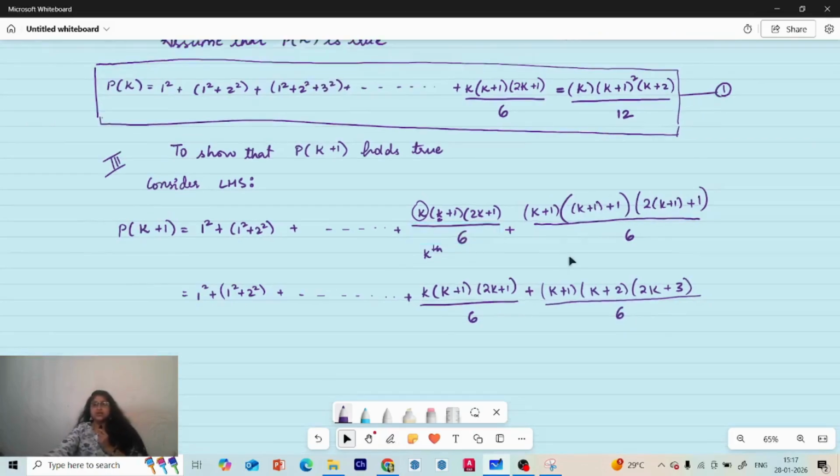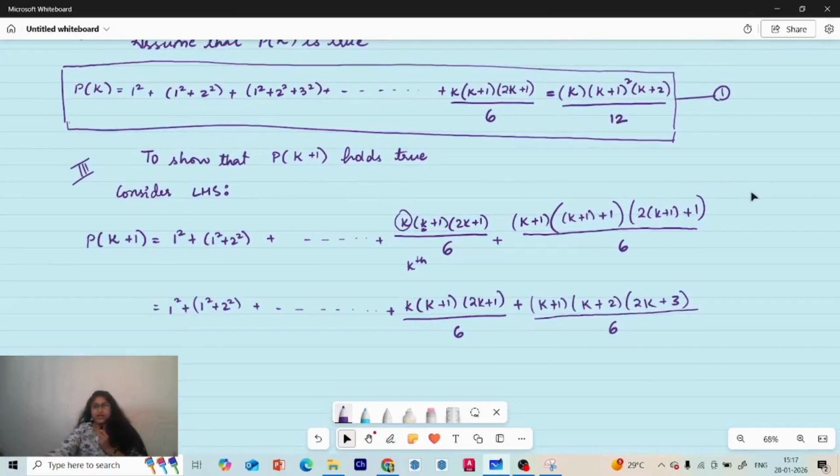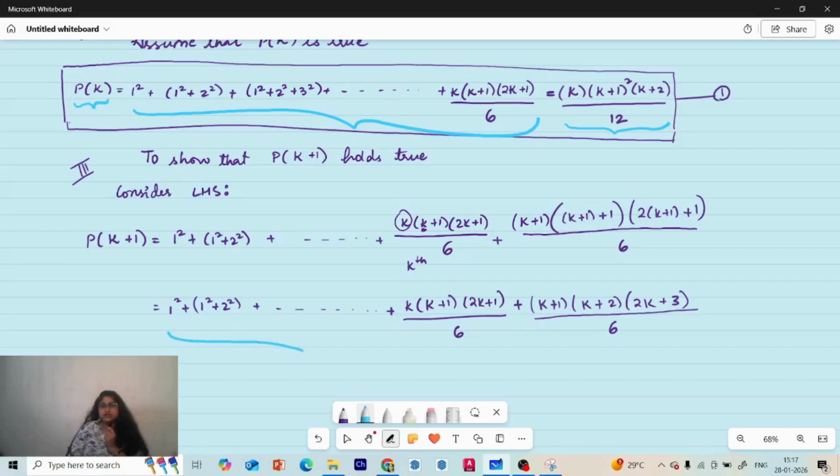Okay, Nana. Now from equation 1, can you see that this entire value, ikkada 1 square nunchi ikkada daka, దీని మొత్తం వాల్యూ is equal to this కదా, ఇదే కదా p of k అంటే కదా. అంటే what I mean is ఈ మొత్తం వాల్యూ is nothing but p of k కదా.